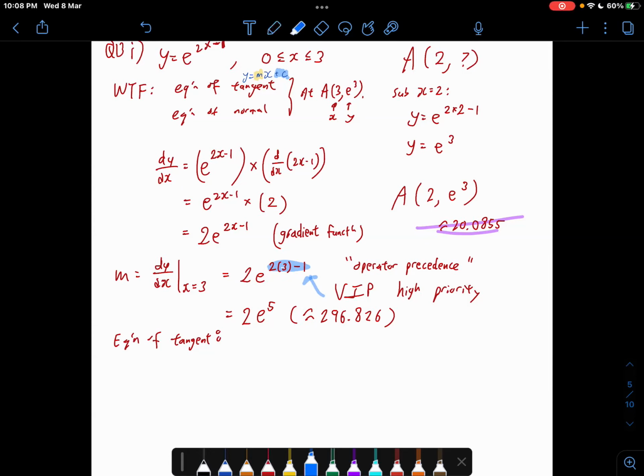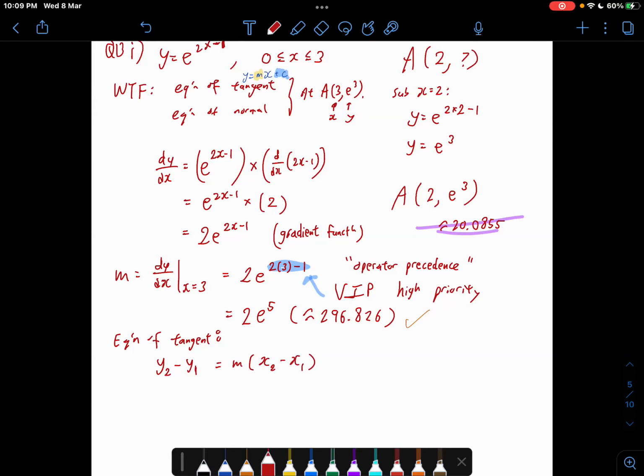We have the gradient, we have dy dx. y equals mx plus c. That's the Sec 1 version. In A-Math, you learn a new version, right? What is it? y2 minus y1 equals m bracket open x2 minus x1.